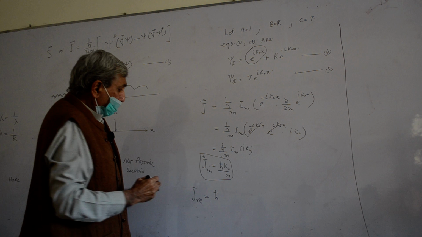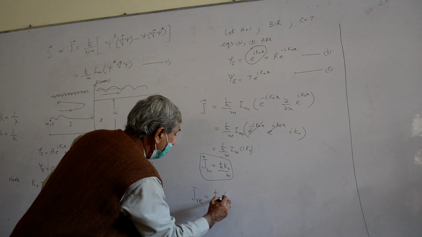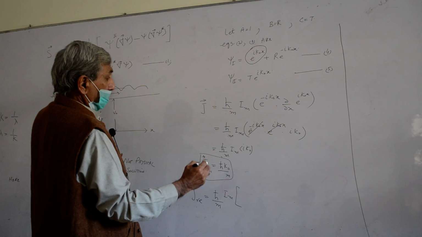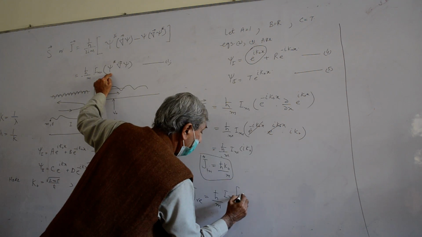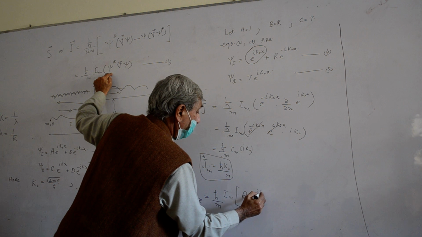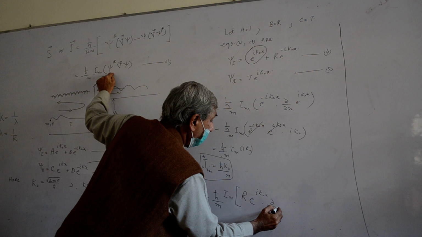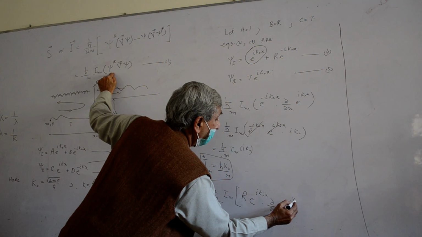Now this is equal to h bar over m, imaginary part of psi star. Psi star of what? Of reflected. So this is r e raised per i k naught x, delta over delta x of e raised per minus i k naught x.